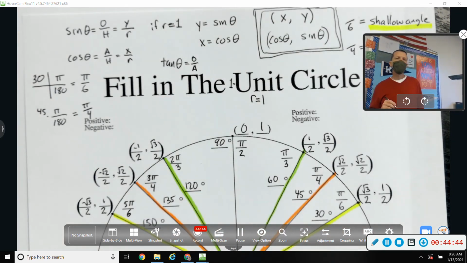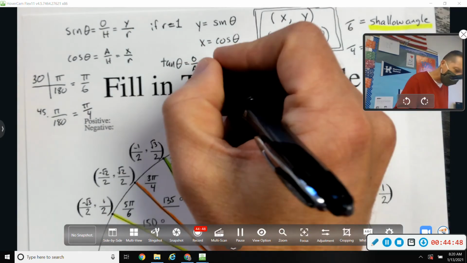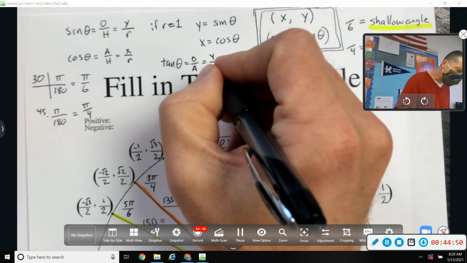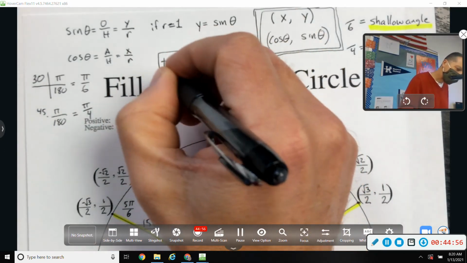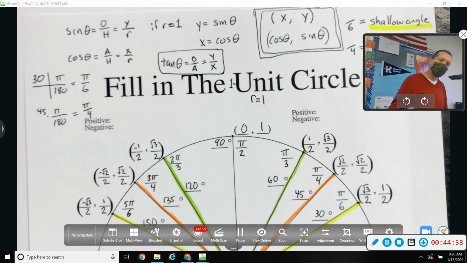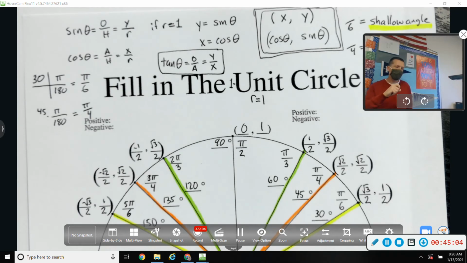But we know that opposite goes with y and adjacent goes with x. So the tangent is y over x. So finding the tangent's a little bit harder because you've got to use both coordinates and do one over the other. It's not that difficult, but it's a little more difficult than just picking off the numbers.